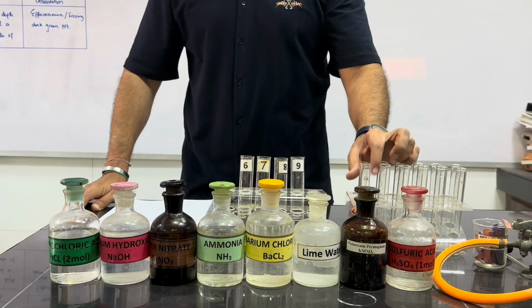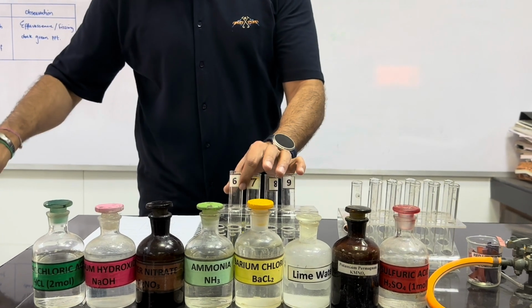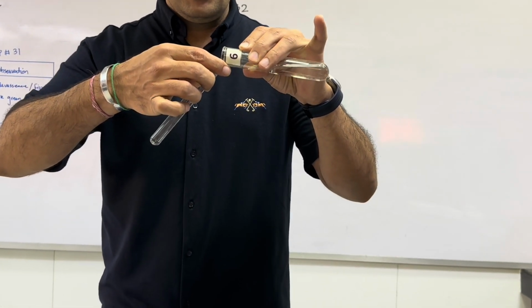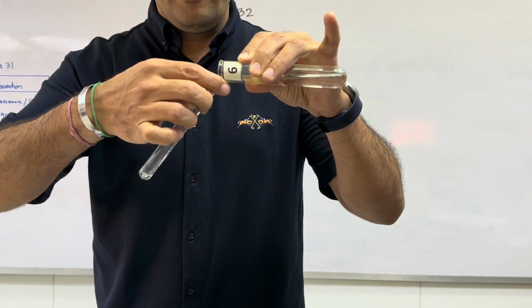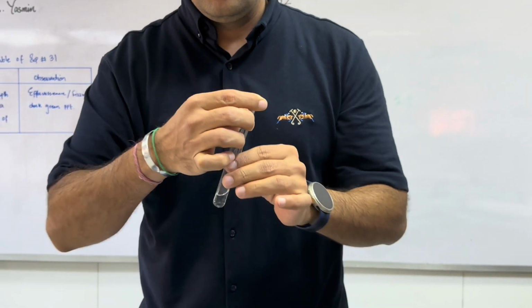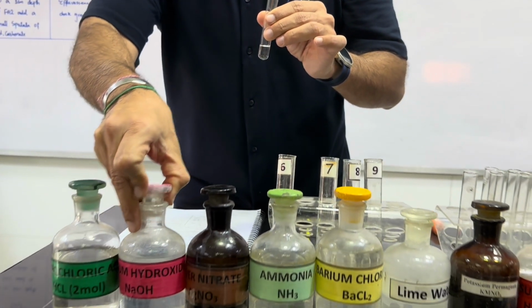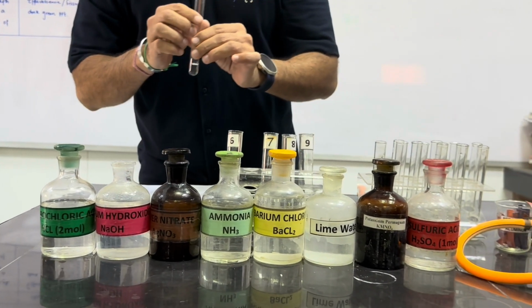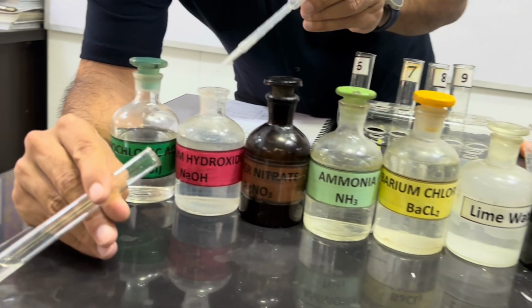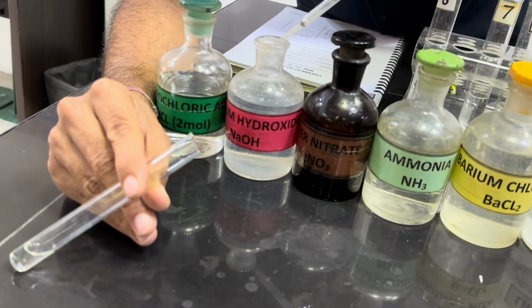Now we will test FB6 with sodium hydroxide. First we will take 1 centimeter depth of this solution, and now we will add aqueous sodium hydroxide in two steps. First a few drops and then excess. So this is the observation with a few drops.